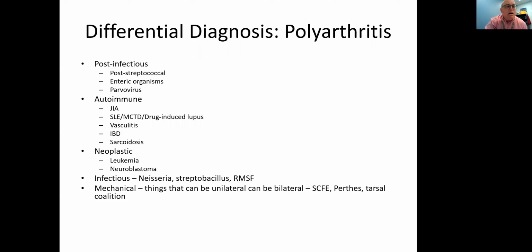So we're going to talk about how to do that. Those patients can present with arthritis, but they have pain out of proportion to swelling. They have nighttime pain that's accompanied by daytime pain. They typically have elevated inflammatory markers.